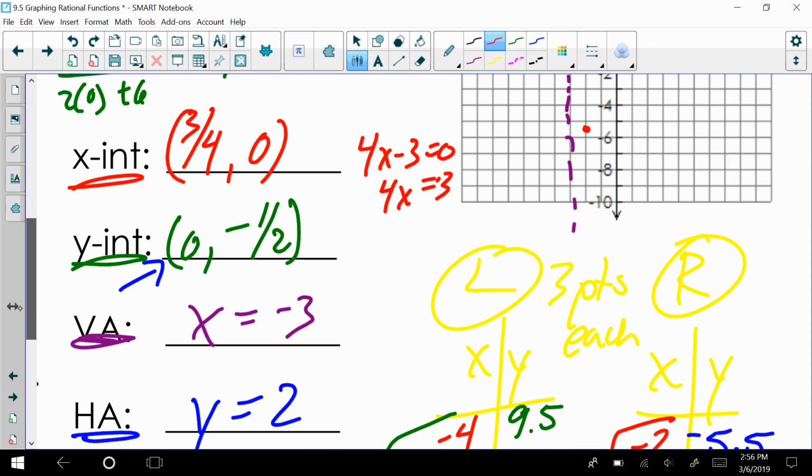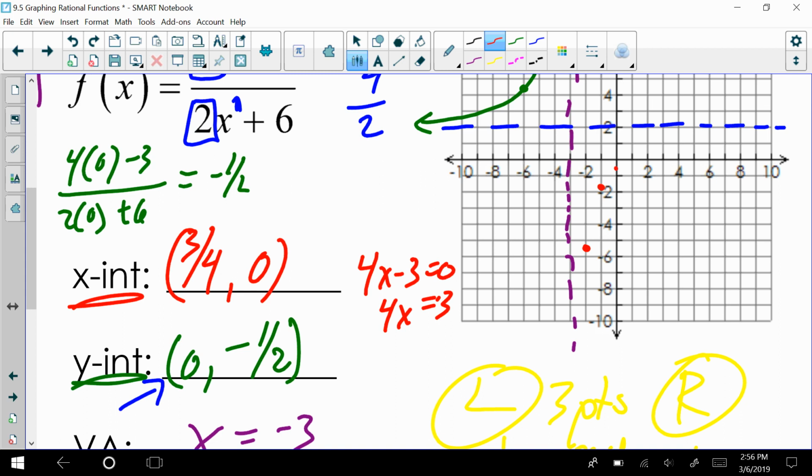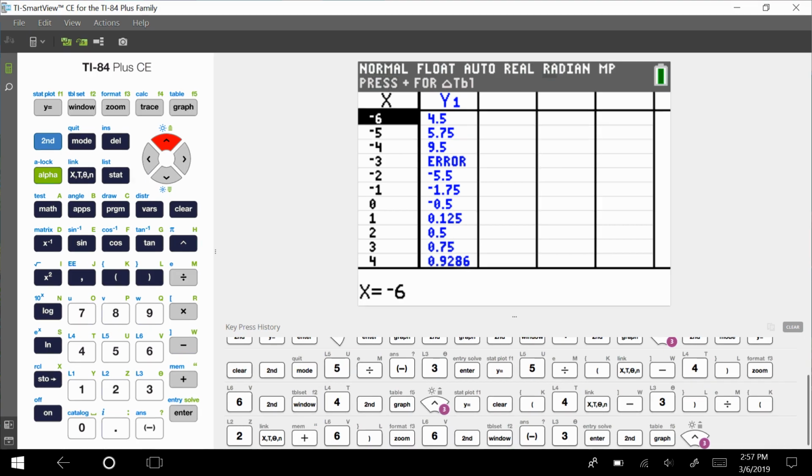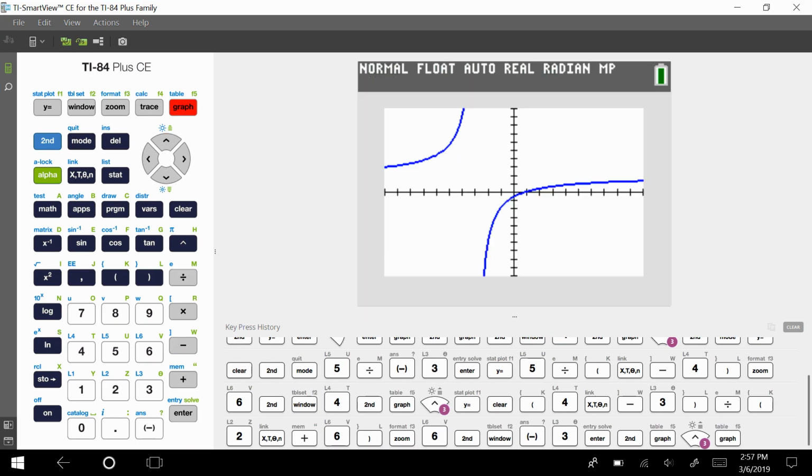And I have 0, -1/2. Then you can see what's happening here. It's tight here, then it starts to turn, and it goes out here. And of course, we anticipate it looking like that because when we look at the graph, we see the same thing.